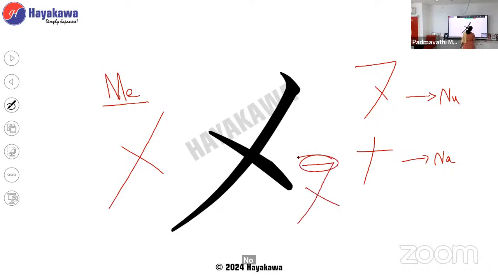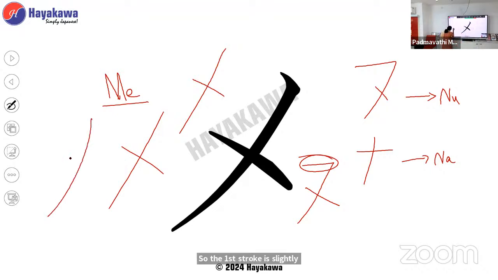Now without this head, it's going to be just like an X mark. Me, 1 and 2. So the first stroke is slightly curved like that. Then you cut it like X. If you cut it straight, it's going to become na. If you cut it cross, then it is going to be like me.